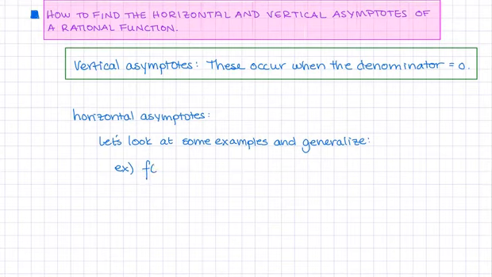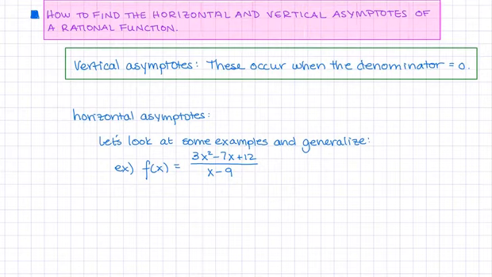Let's say f of x is (3x squared minus 7x plus 12) over (x minus 9). It's a polynomial over a polynomial. We have a rational function. So here's a strategy that would formally find our horizontal asymptotes.